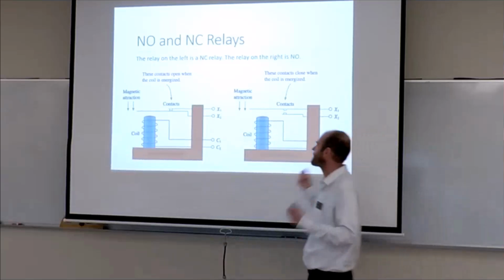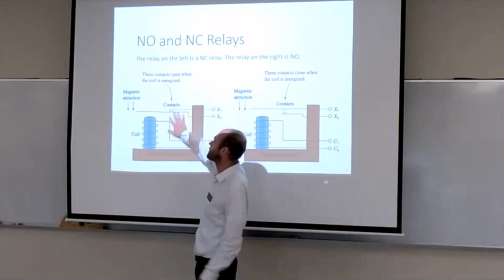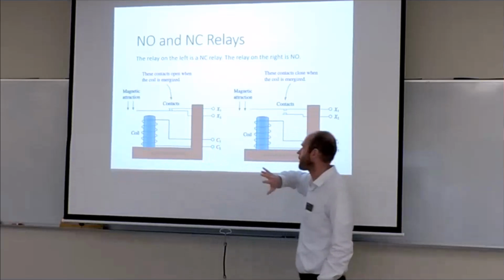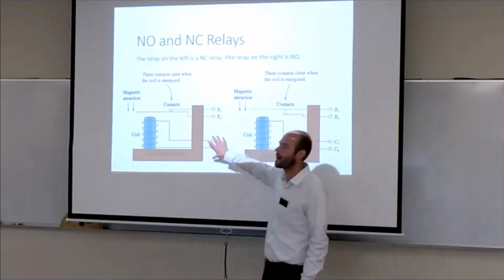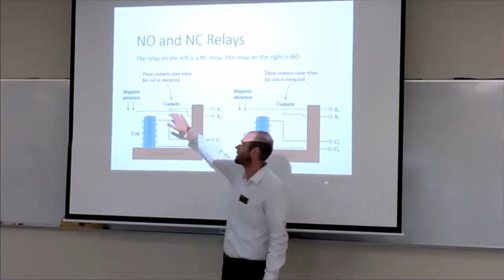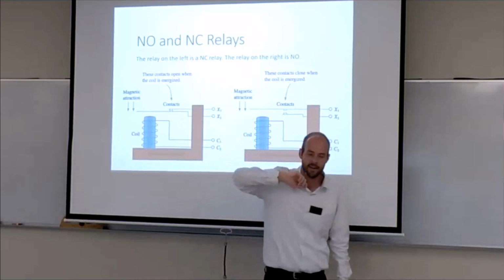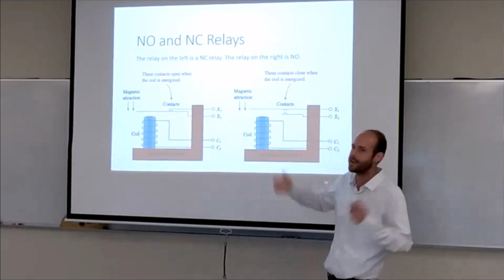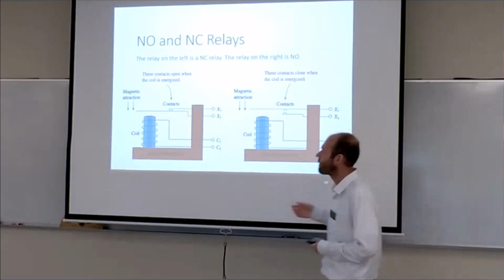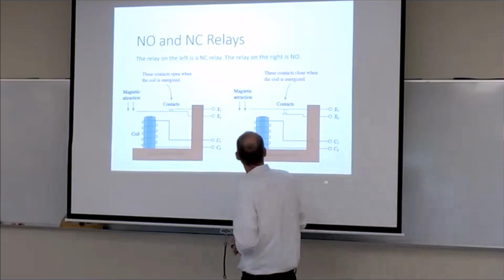So for electrically isolated systems, relays are very useful because you can drive them electronically, but you still have that mechanical isolation between the two, or electrical isolation. You're isolating the electrical part through that mechanical separation.